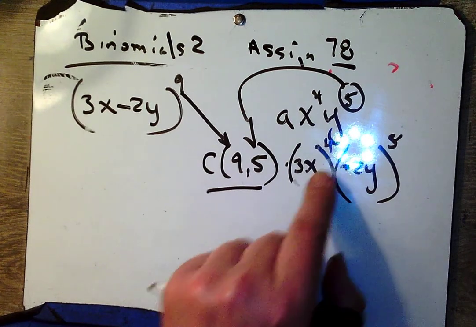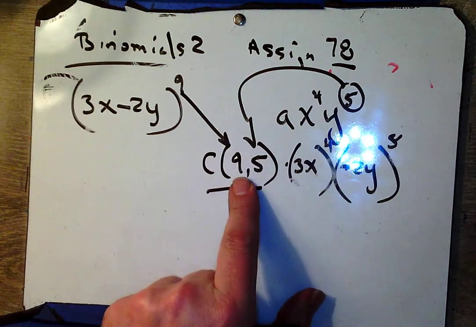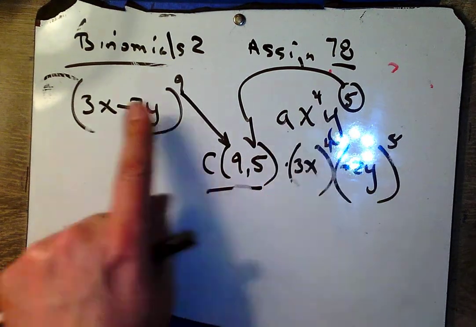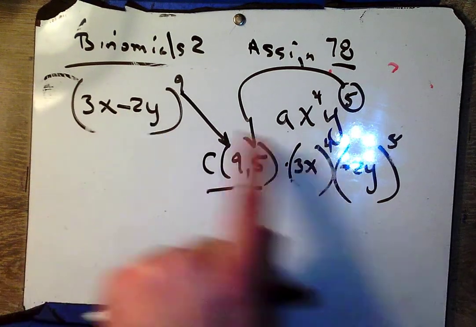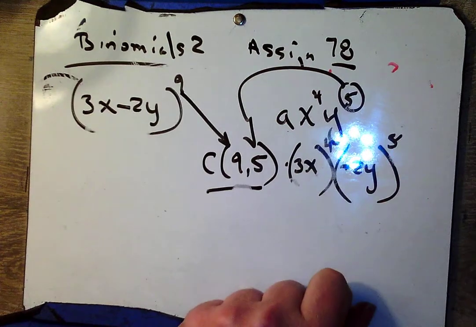And really you need to, because you need an 81 times a negative 32 times this number to get that coefficient. Just like this negative 2y, it's not just y to the fifth, it's this whole expression to the fifth.